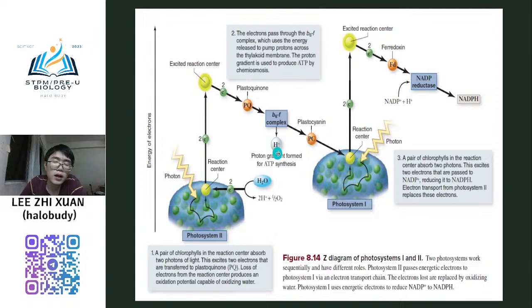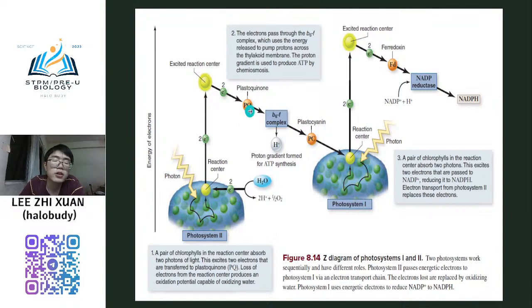The third difference is the photolysis of water. Only non-cyclic involves the photolysis of water, but the cyclic does not. Also, the electron acceptors for both systems are different. For non-cyclic, there are two, plastocyanin and ferredoxin, but for cyclic, it only involves ferredoxin.